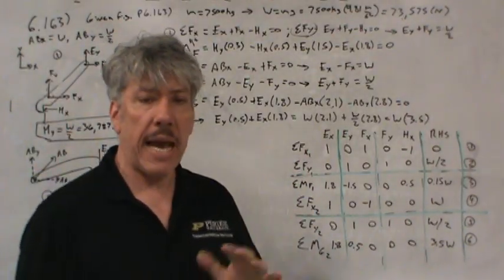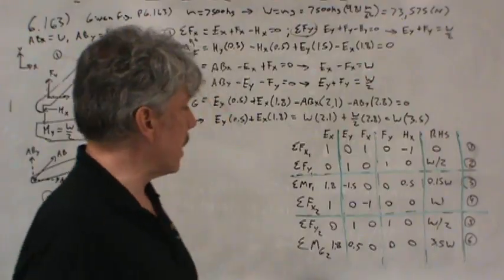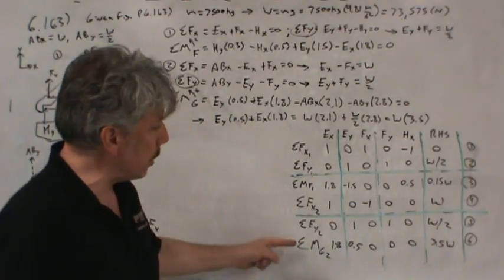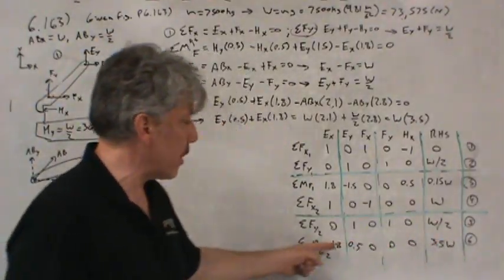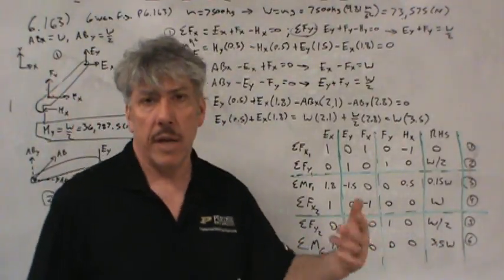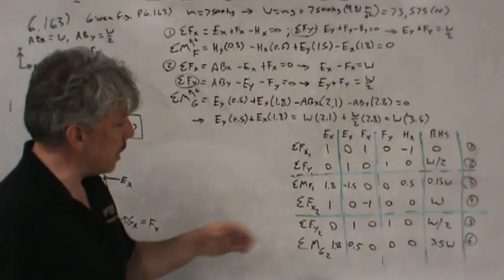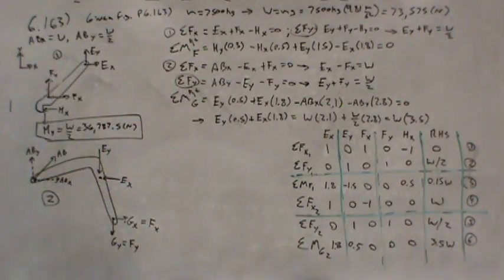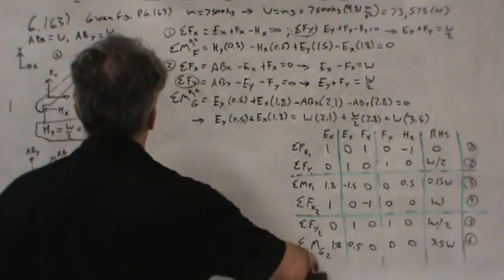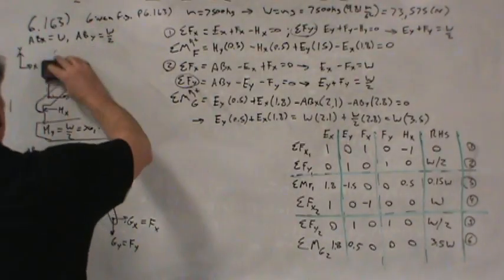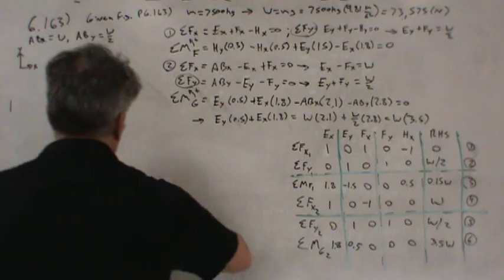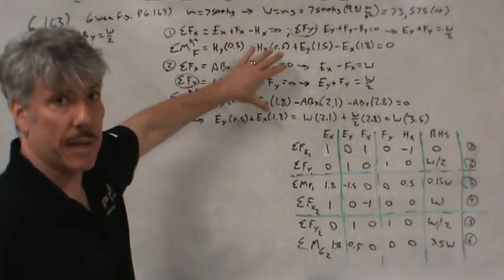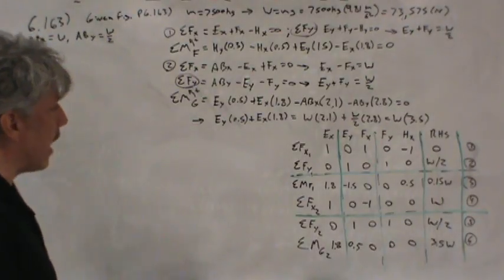So adding multiples of equations together, multiplying by whatever number you like, because you haven't changed the equation. As long as you multiply through the entire thing by a positive or negative number, it's still the same equation. And added together, they can eliminate variables. It can pull variables out of the equation. So it makes the solution strategy a little more straightforward. It makes it a little bit easier to see in this format rather than this, because this looks like a mess. How are you going to manage that?